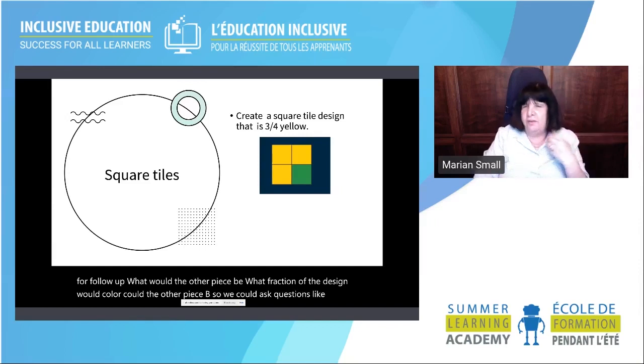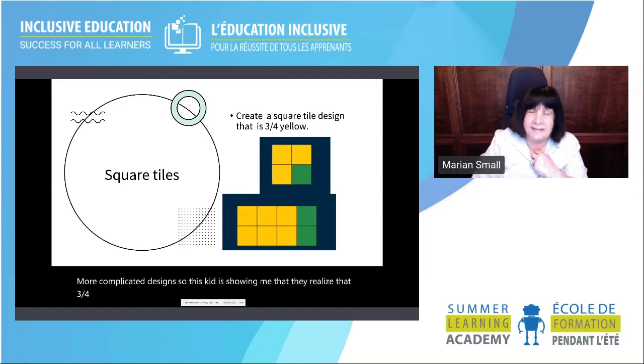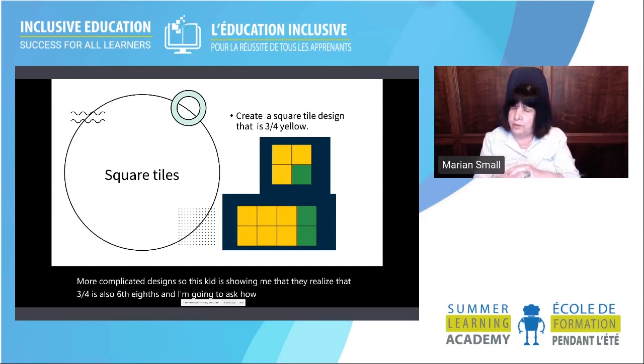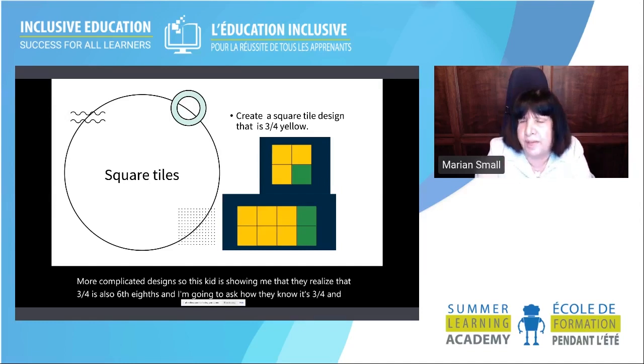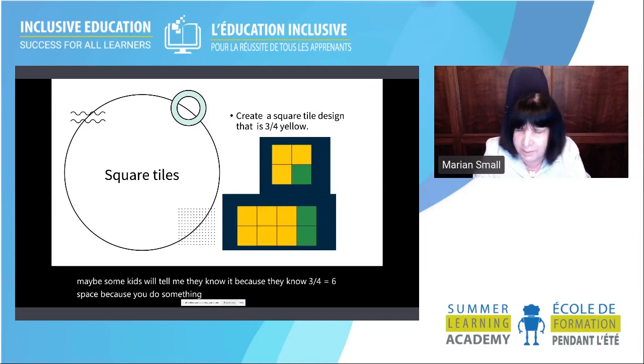But you'll also have kids make more complicated designs. So this kid is showing me that they realize that 3/4 is also 6/8. And I'm going to ask how they know it's 3/4. And maybe some kids will tell me they know it because they know 3/4 equals 6/8 because you do something to numerators and denominators.